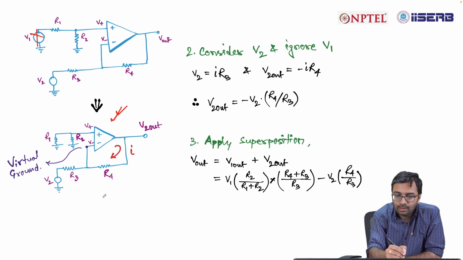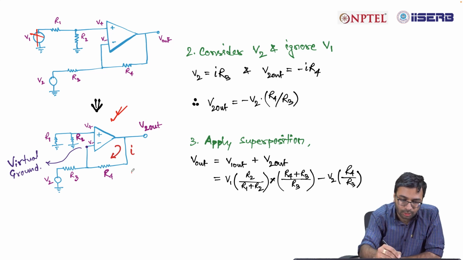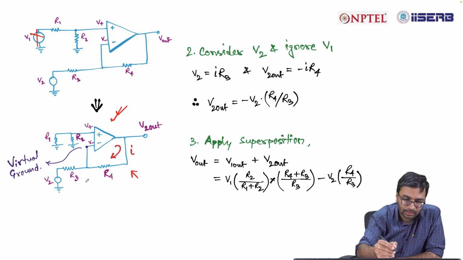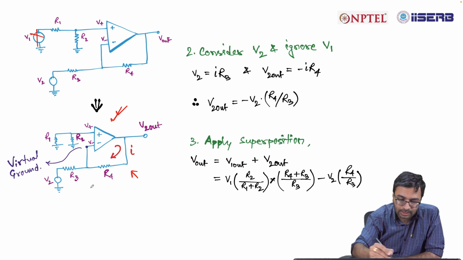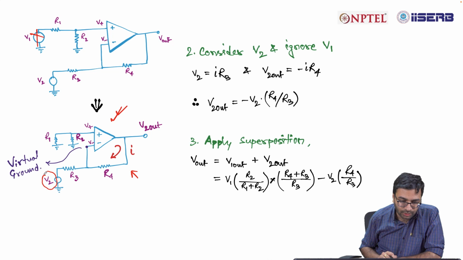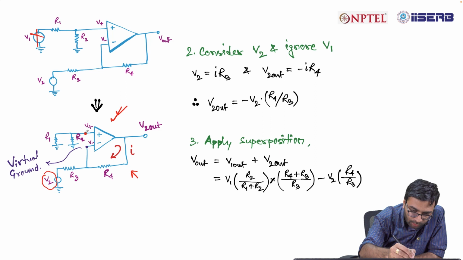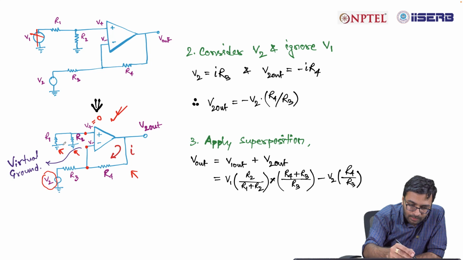If you take this loop into consideration, the input potential is V2, and because this terminal is grounded, both the terminals are grounded, which means V plus in this case is 0, and this part is also 0 because of virtual ground.